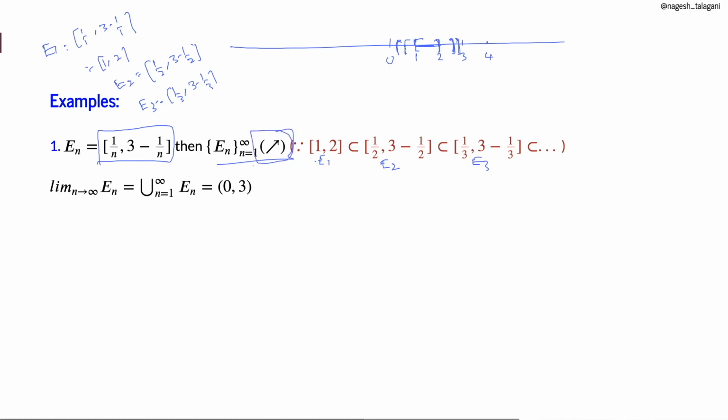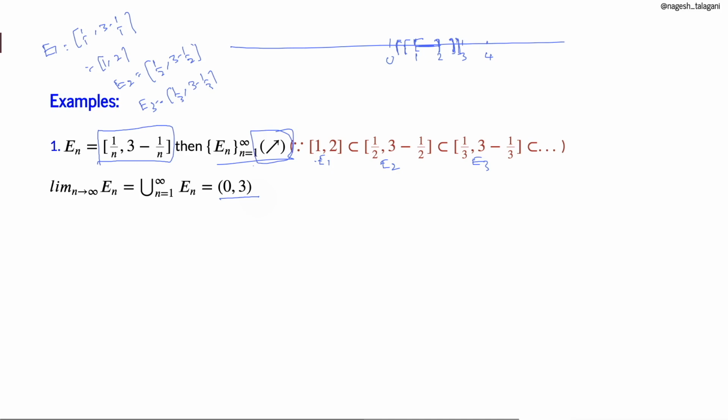In this case, if you take the union of all these En, you will get the open interval 0 to 3, because no En contains 0. As n gets bigger and bigger, the left-hand point approaches 0 but never contains 0.